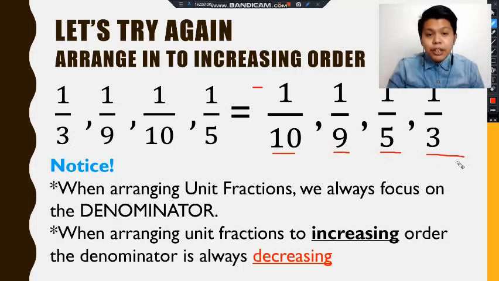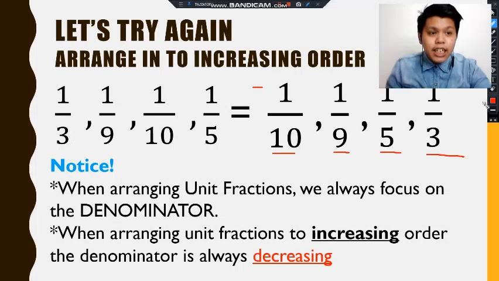Because remember, as the denominator number gets bigger, the part gets smaller. If you have a little value of denominator, it means it has a large part.